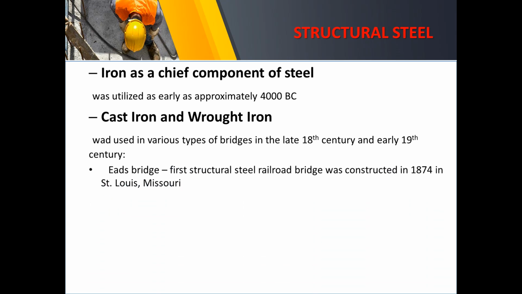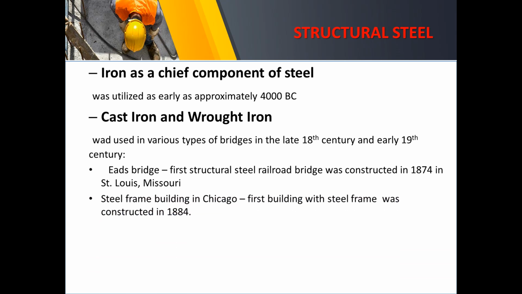In fact, the Eads Bridge was first constructed in 1874 in St. Louis, Missouri. This is the first structural steel railroad bridge. We also have the steel-framed building in Chicago, the first building with a steel frame, in 1884.